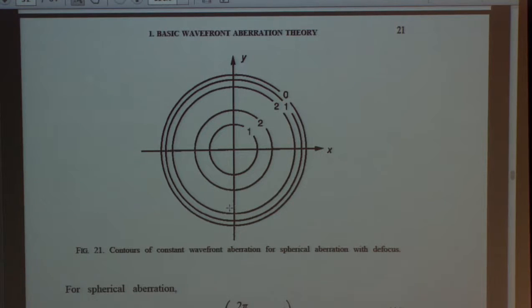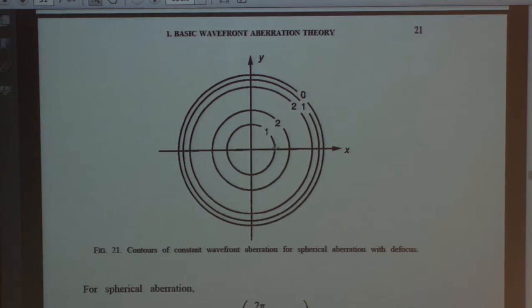Well, let me show this contour map here. This is a contour map then where we've added defocus to the spherical aberration. So spherical might go up like this, you know, it goes up as a rho to the 4th, and then the defocus is in the opposite direction, minus sign, and so the wavefront will go up and then back down.